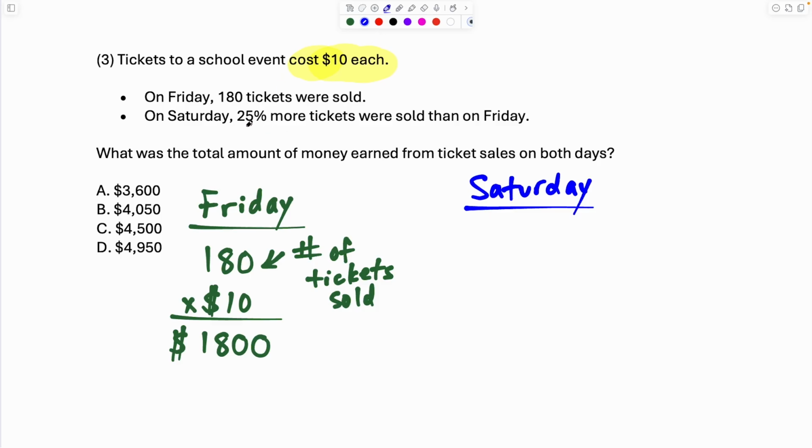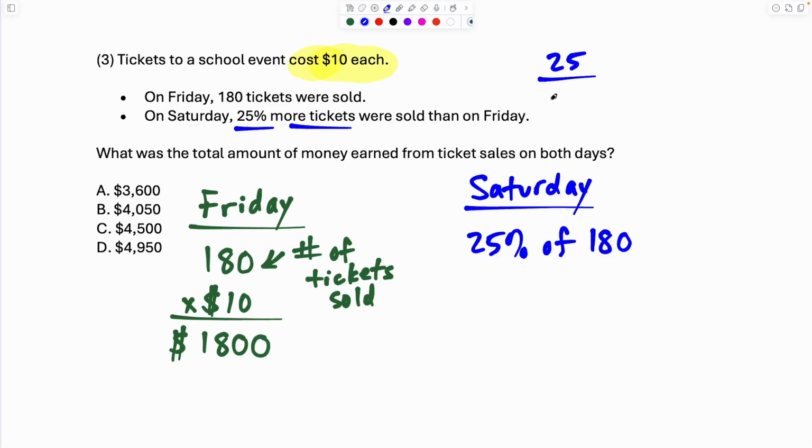We were told that 25% more tickets were sold than on Friday. So we should find 25% of 180. But 25% is one of those nice anchor percents. If we remember from before, when we take 25% of a number, we just divide that number by 4.